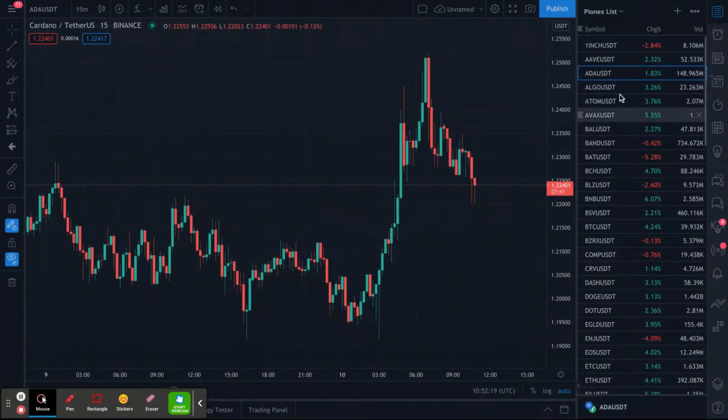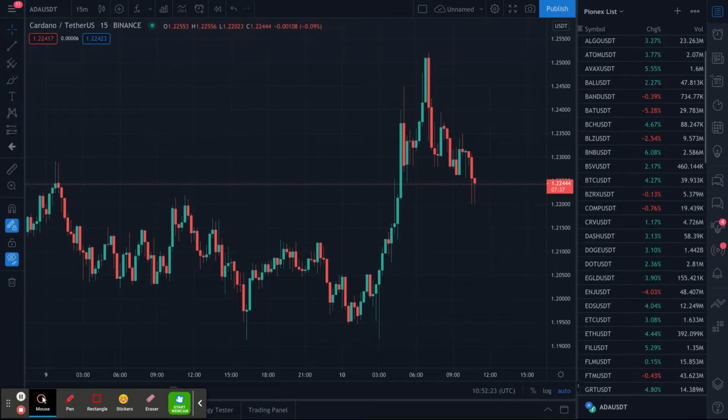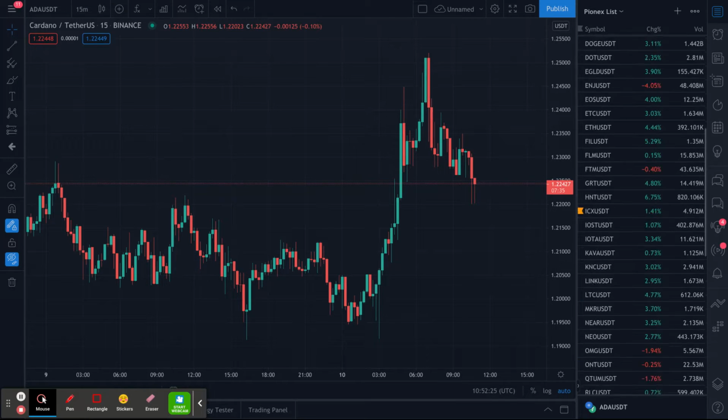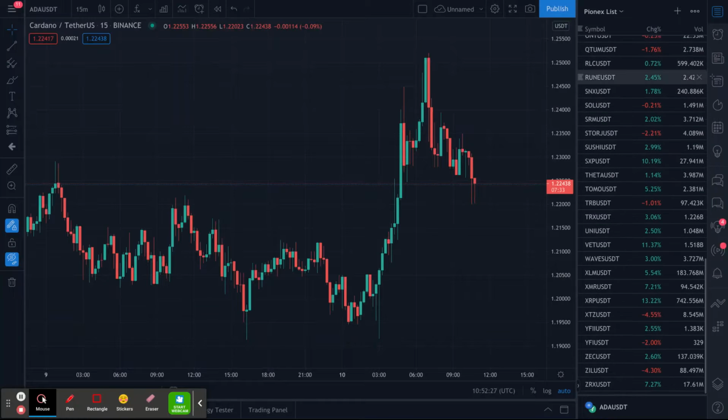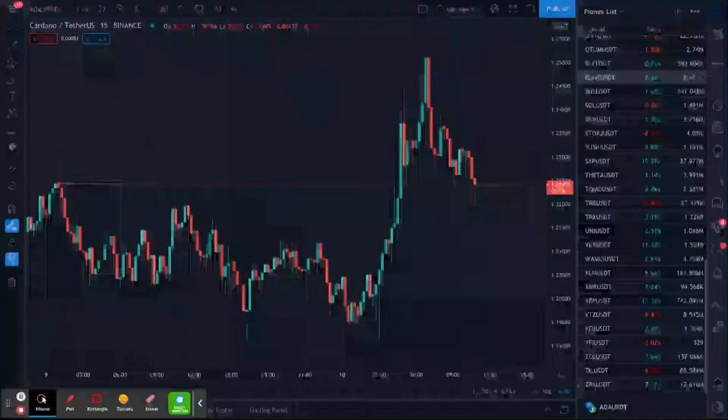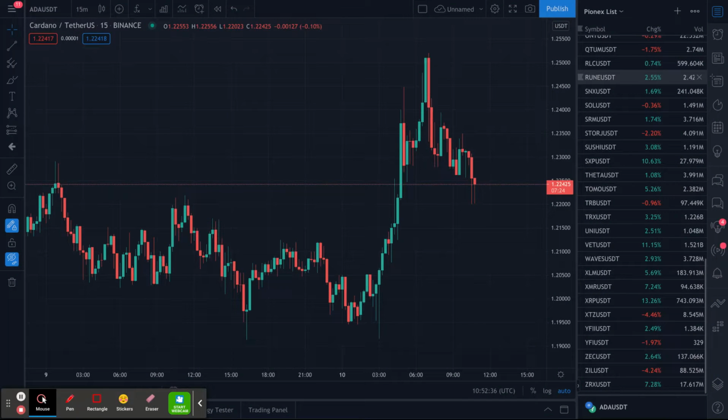As I said before, this is my personal list. I'm not 100% sure how to export this list, but I literally just went through, and any token that I saw on Pionex that I could leverage, I put that main pair in here.